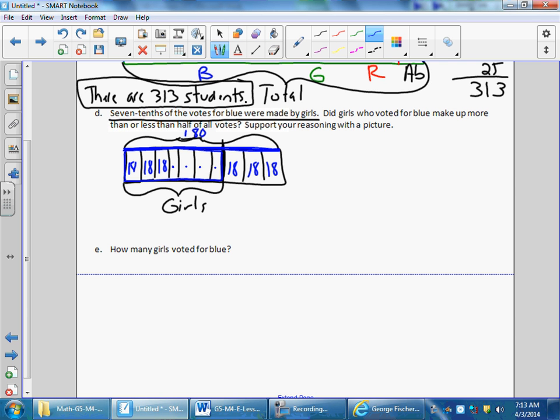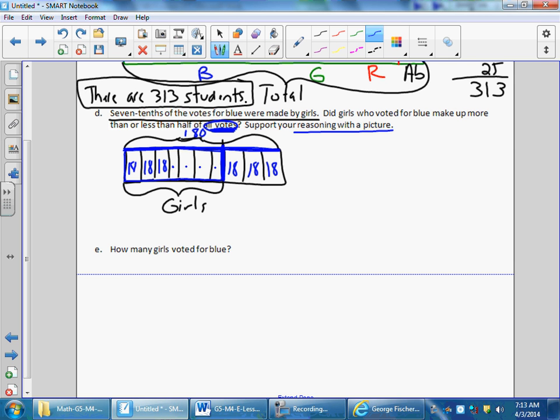Alright, now I'm pretty set up. The question says, did girls who voted for blue make up more or less than half of all votes? Support your reasoning with a picture. Well, if the question had said, is it more or less than half of the blue votes, I can clearly see that 7/10 is more than half.